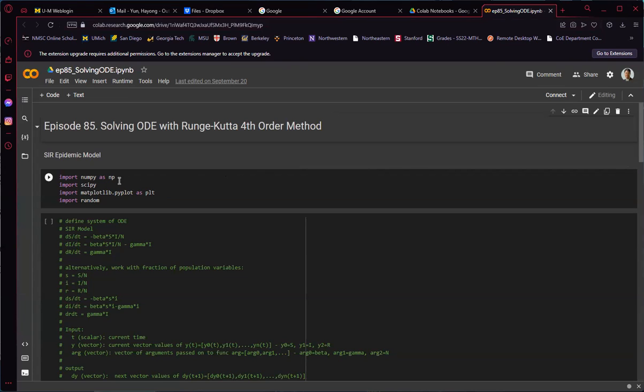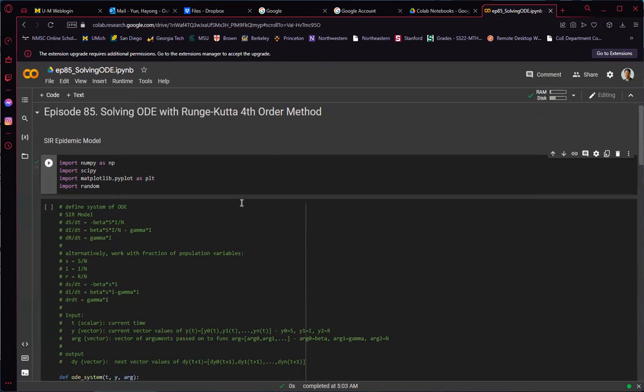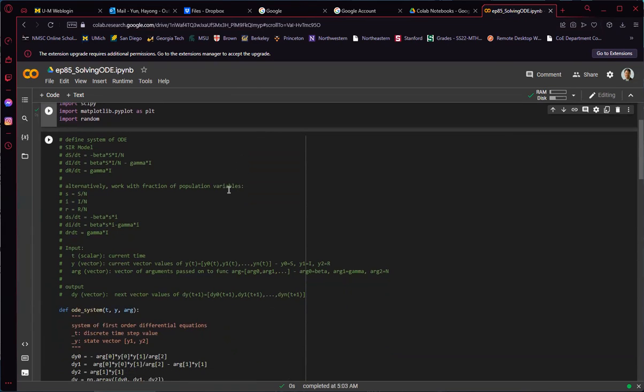I basically need not much, just matplotlib for plotting and some random numbers and NumPy. Let's load the libraries and show you how this epidemic dynamic equation integrates the S, I, and R over time. We have to know how the derivatives work out, the time derivatives, which are here.